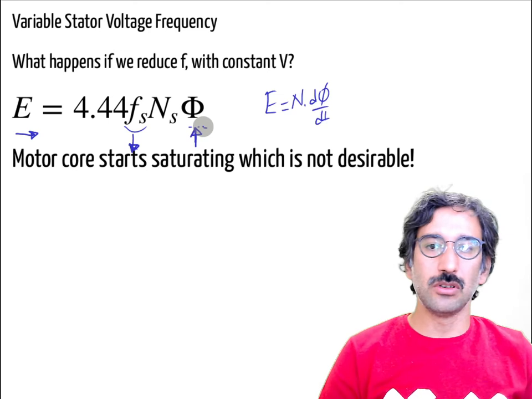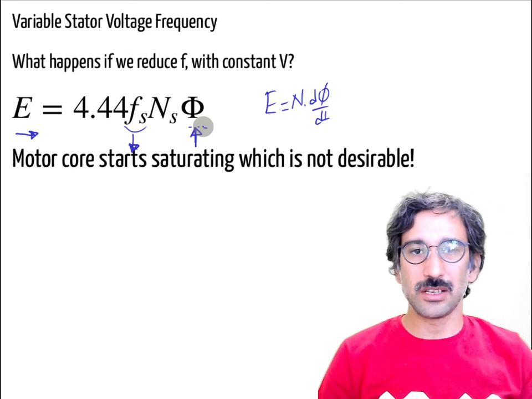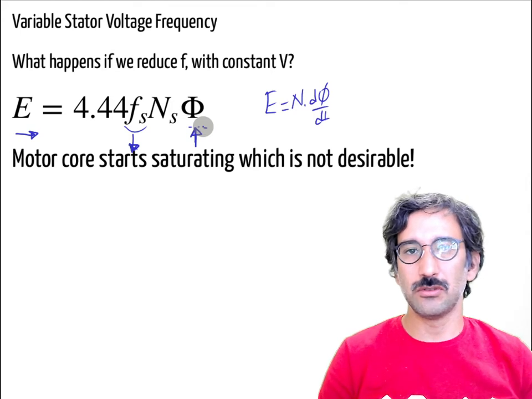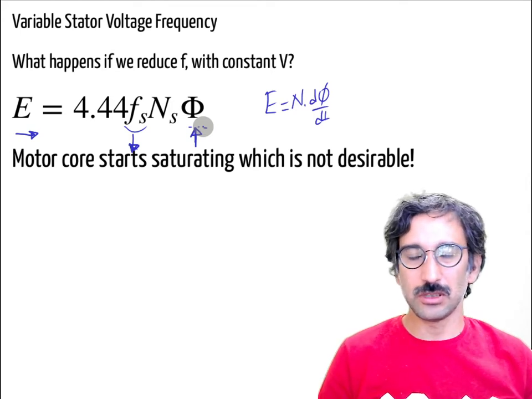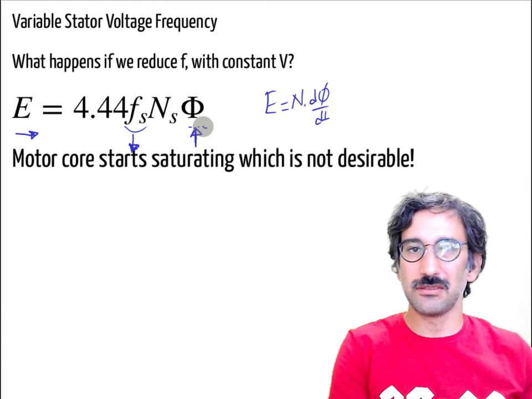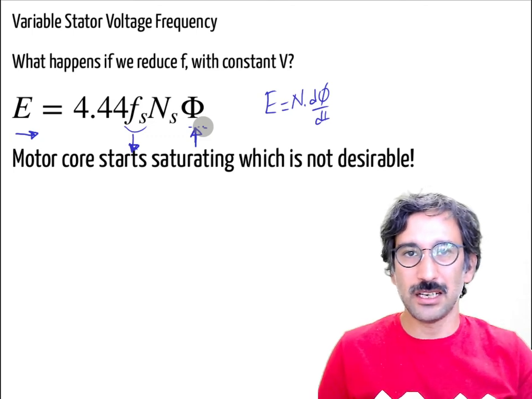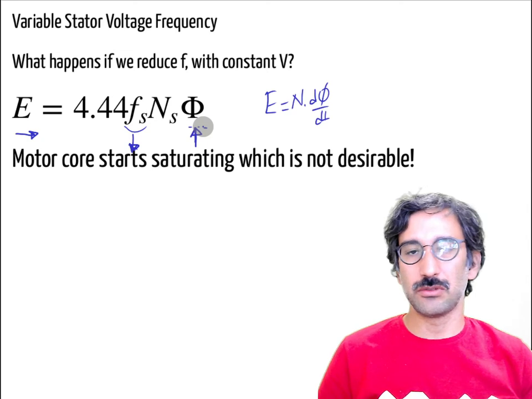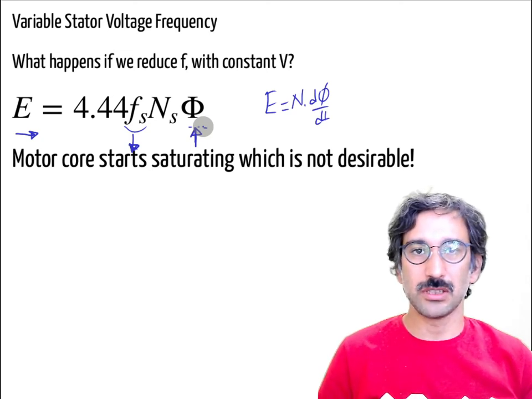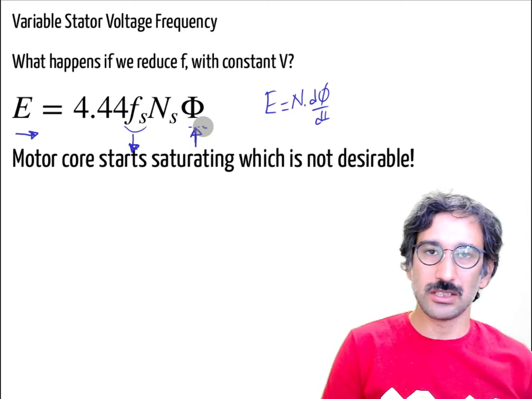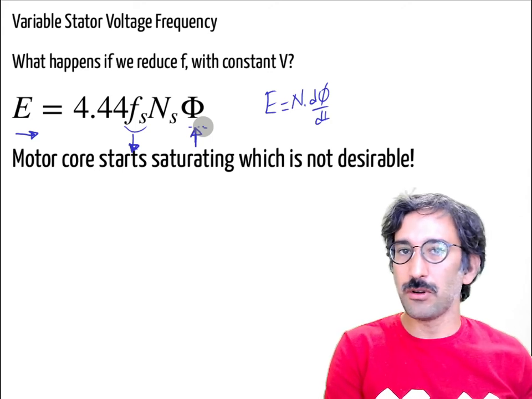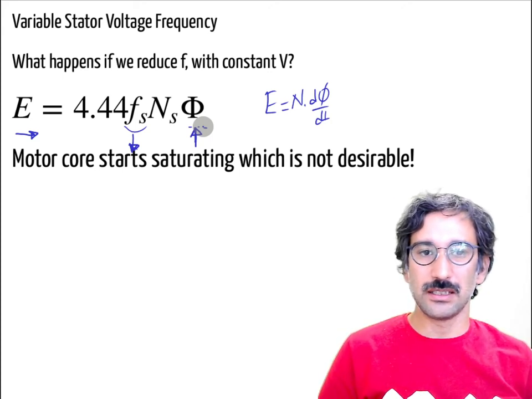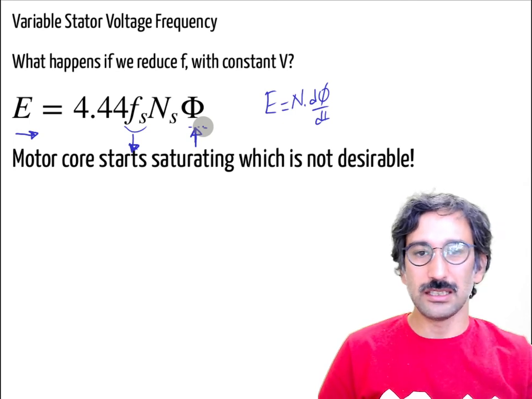If I reduce the frequency while keeping the voltage constant at, let's say, 230 volts phase voltage, but instead of applying 50 hertz I apply 10 hertz at 230 volts, then I will saturate the core. Saturating the core means you will not generate the torque that you require, and you will generate quite a lot of heat in the stator core, which is not desired.